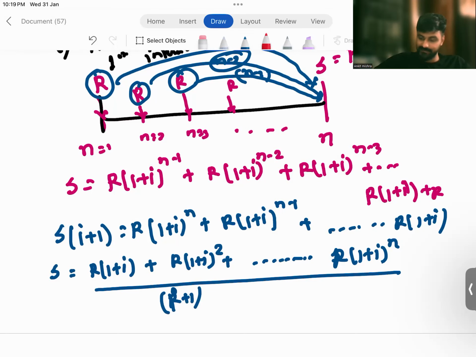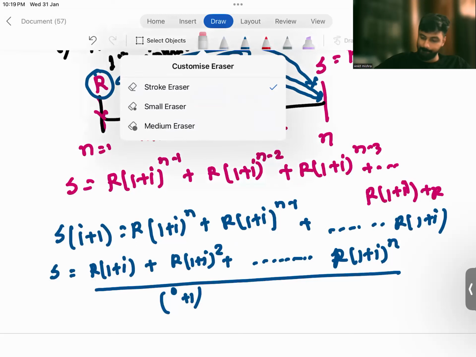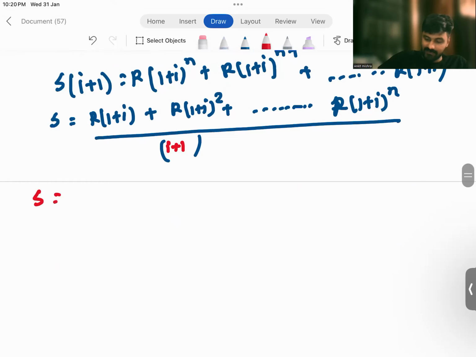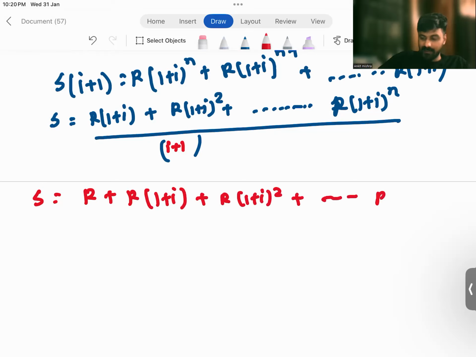Sorry for that. So finally S equals R into (1 plus i) plus R into (1 plus i) whole square, plus dot dot, R into (1 plus i) to the power n minus 1. Fine. So this is just a geometric progression.